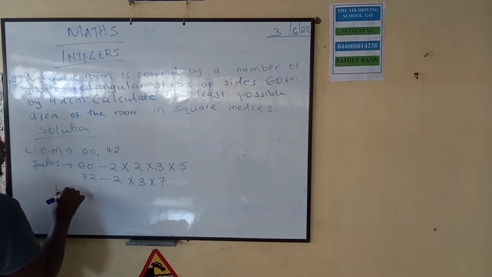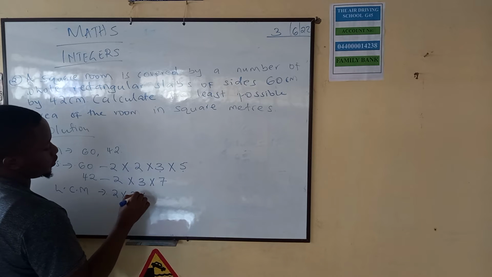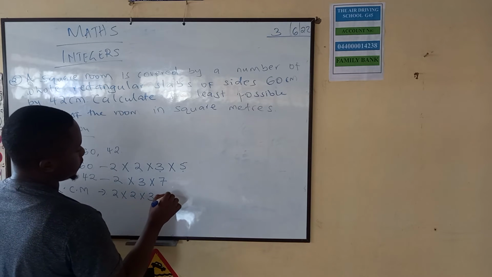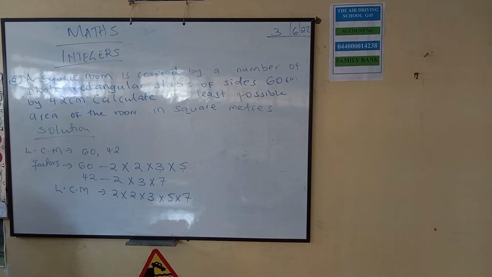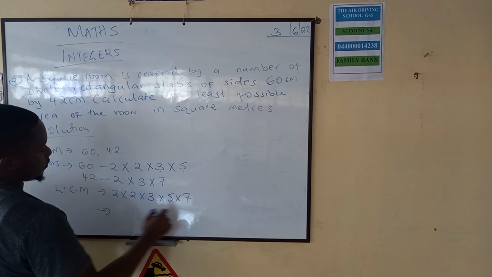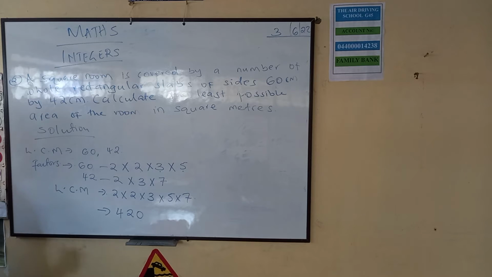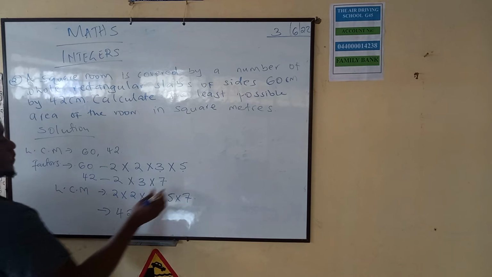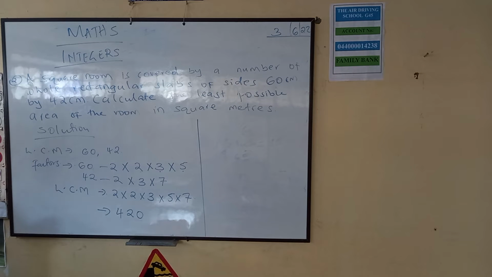Now this brings us to our LCM as 2 times 2 times 3 times 5 times 7. Multiplying this, you get 420.